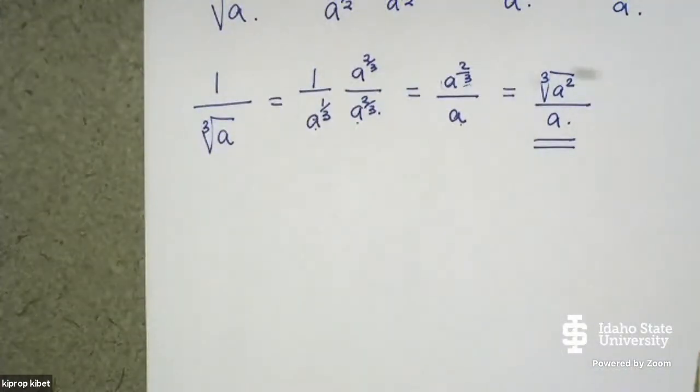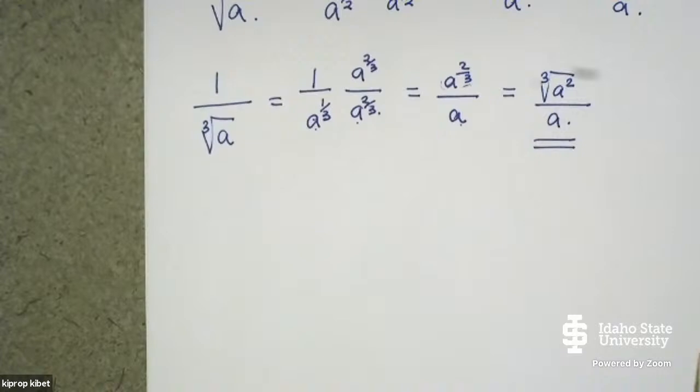Are we together? Why do we multiply? We want to make the denominator perfect, just like the one before. Since the bases are the same, we add the powers: 2 over 3 plus 1 over 3 gives us 1, so we get a raised to 1.